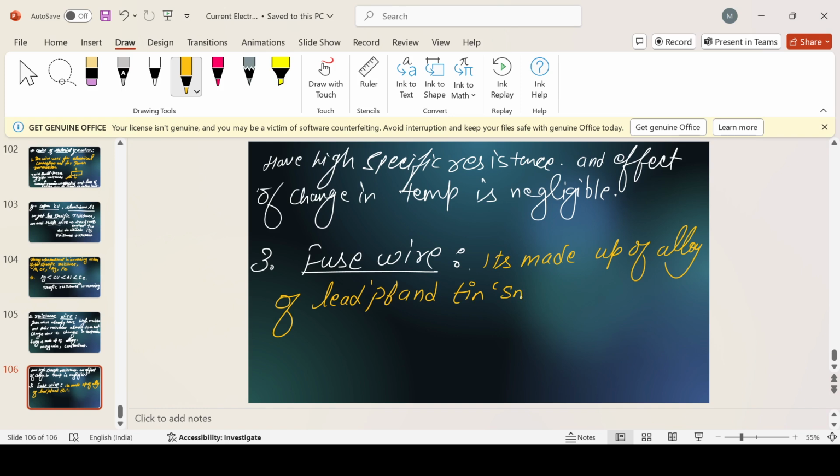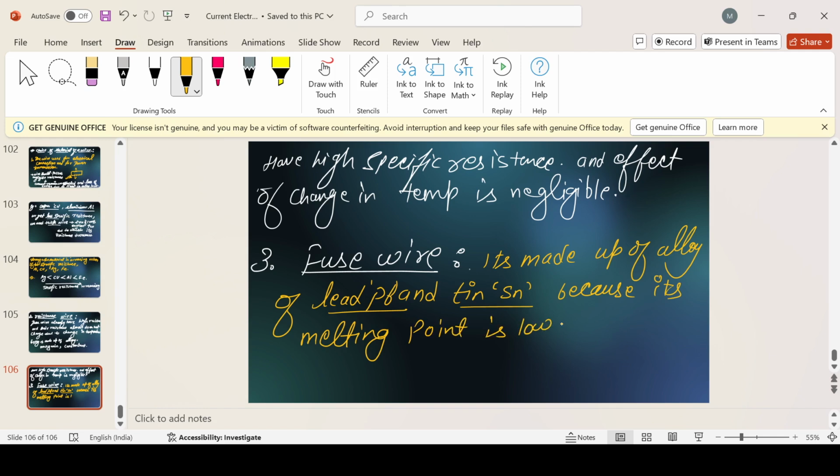Sn, tin. Why is it made from lead and tin? When you combine two materials like lead and tin, the properties mix together and you get very different properties. Its melting point is low, and that is only required.